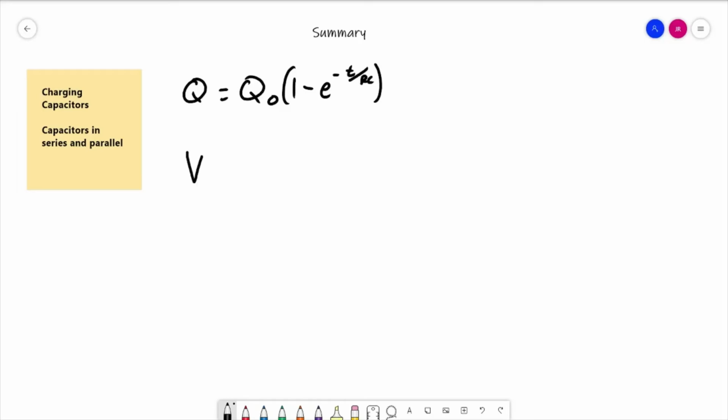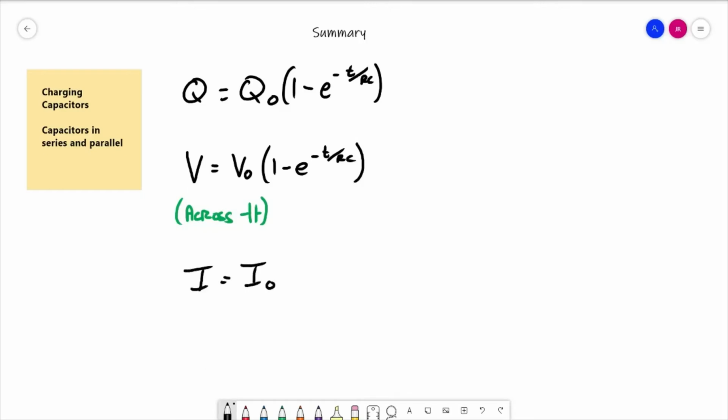For the potential difference, and remember, I'll say it again, that's the potential difference across the capacitor, V is equal to V0 times 1 minus e to the minus t over RC, and current remains the same for discharging. I is equal to I0 e to the minus t over RC.